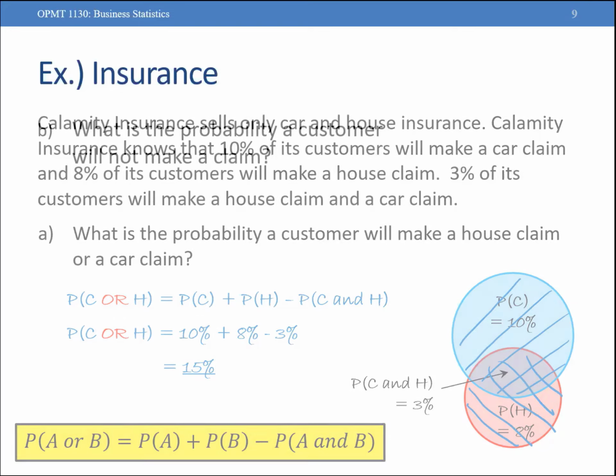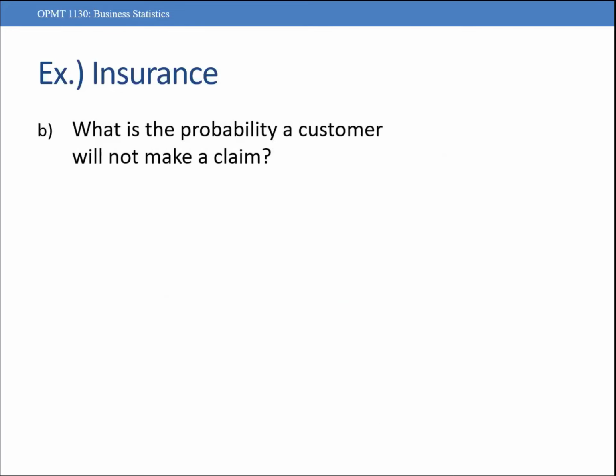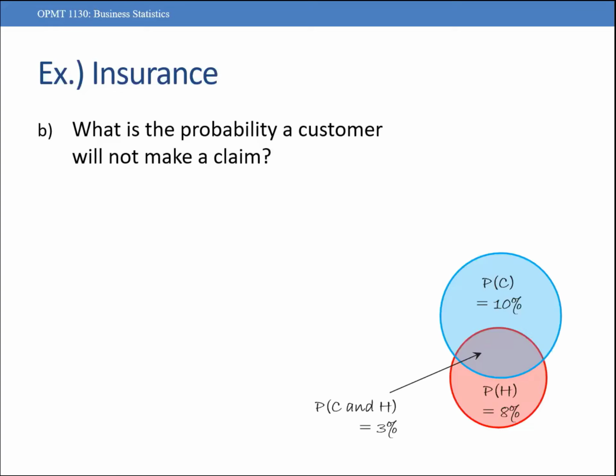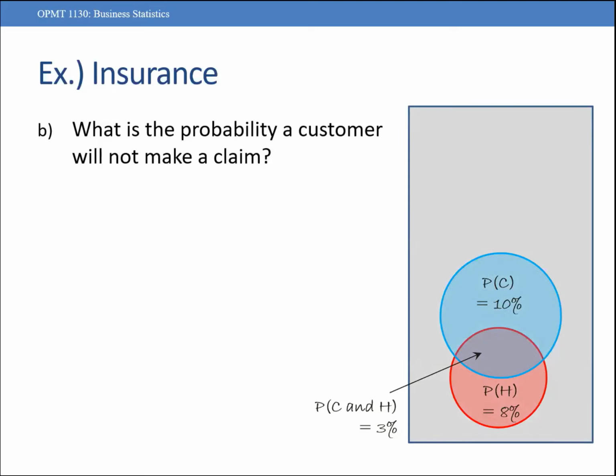There you go. Now, what is the probability a customer will not make a claim? Okay, so now we've got our Venn diagram from before, but I'm going to include all the customers now, because now we're considering the customers that don't make a claim, which is everything that's left over in the gray area. So now what we're looking at is the probability of no claim is 1 minus the probability of making a claim.